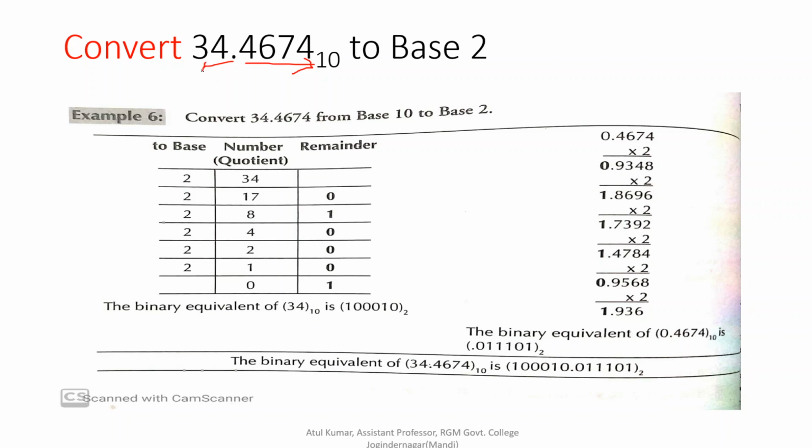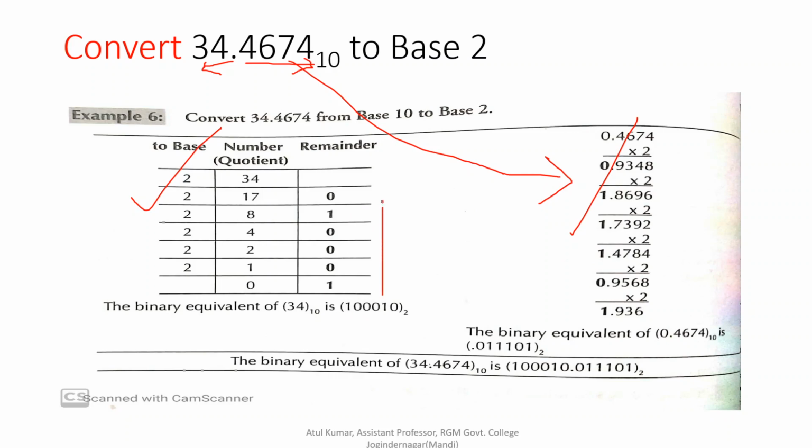So before the decimal point we follow the approach of dividing by 2, and after the decimal point we follow the approach of multiplying by 2, and after performing these two operations we have to combine them.